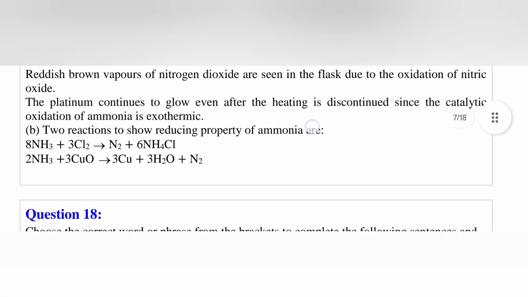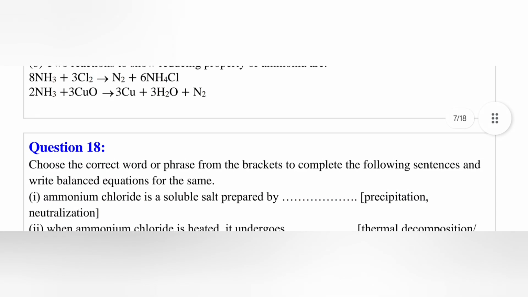So here are the two reactions. When ammonia reacts with chlorine, it gives ammonium chloride, and it reduces copper oxide into copper. Here ammonia reduces chlorine into ammonium chloride. So these are the two reactions by which we can understand the reducing property of ammonia.